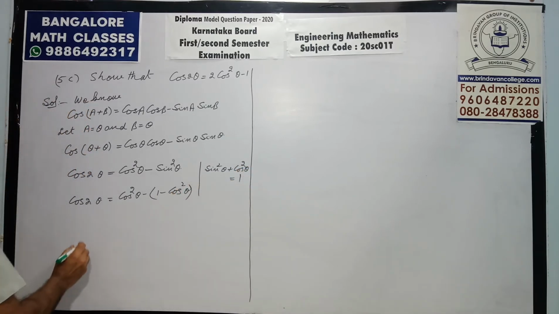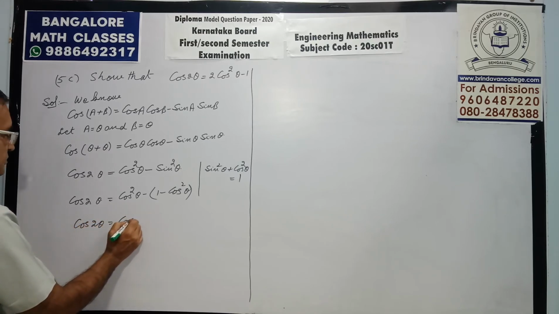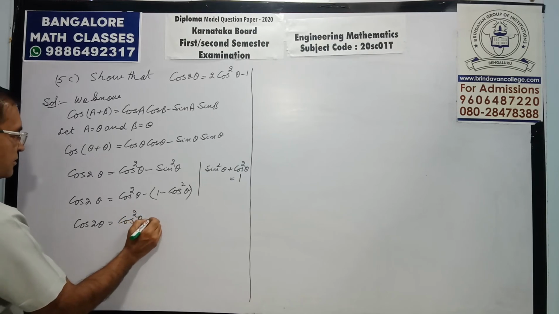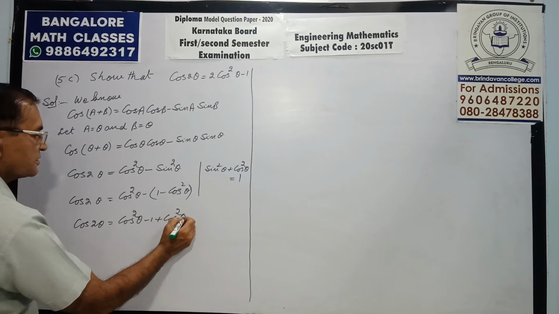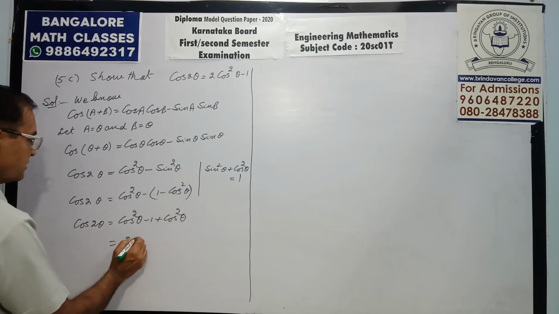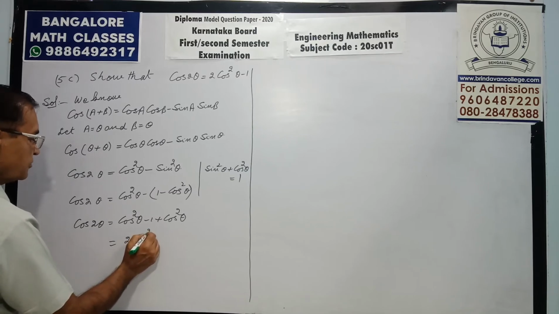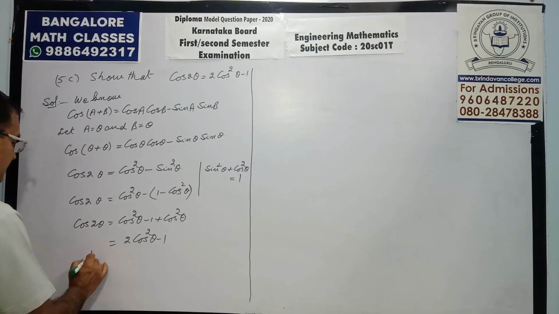I have used that identity. Cos 2 theta equals cos square theta minus 1 plus cos square theta, cos square theta plus cos square theta, 2 cos square theta minus 1. Hence proved.